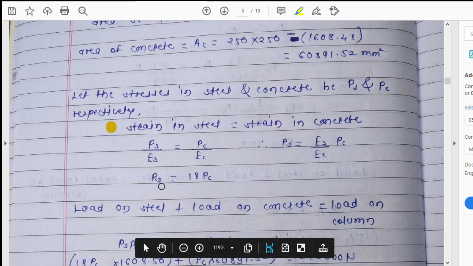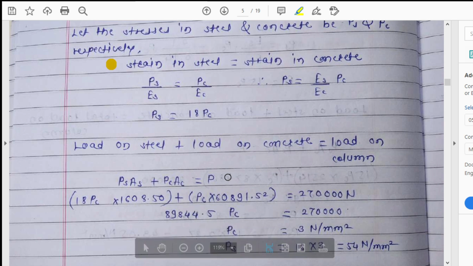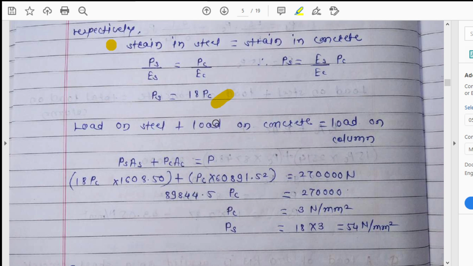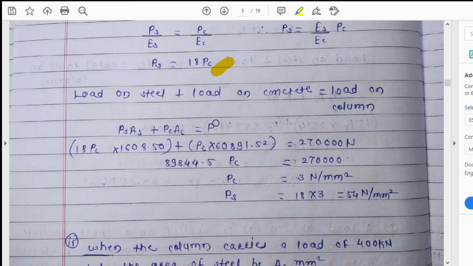So PS equals 18 into PC. This will be your highlighted equation. Now, the next step will be load on steel plus load on concrete equals the total load on the column.